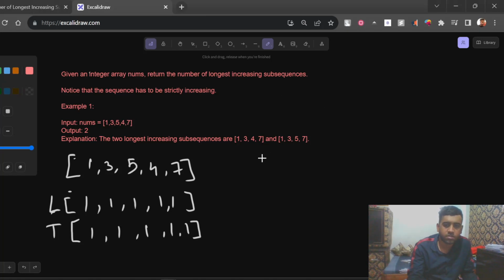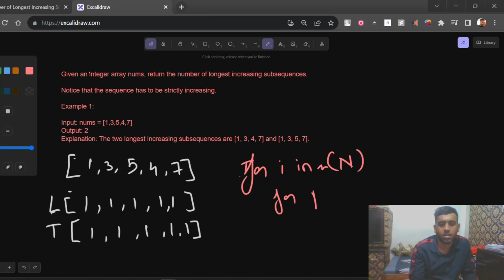And if we consider from the very first: for i in range n, and close to it, for j in range i.